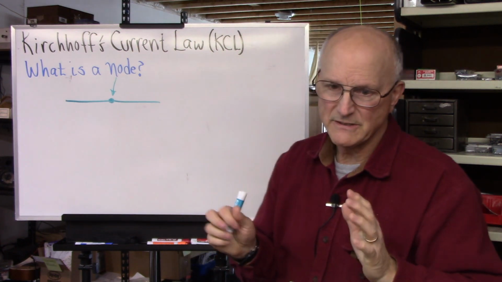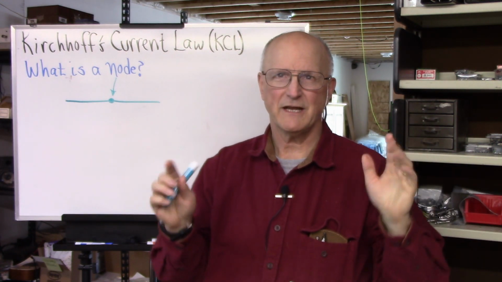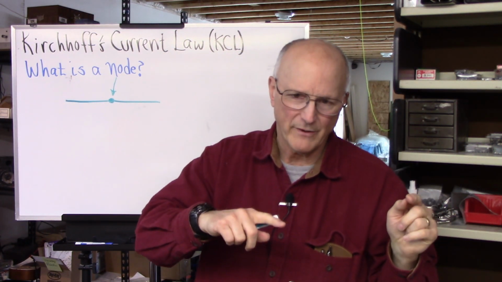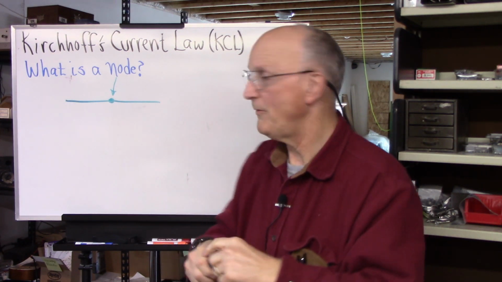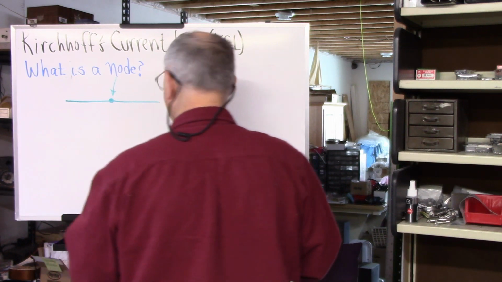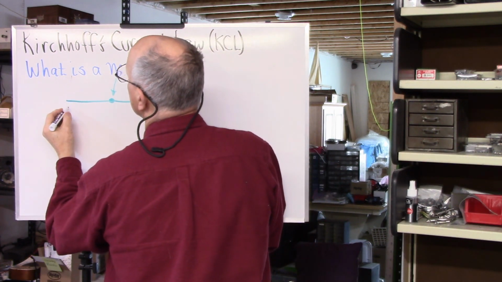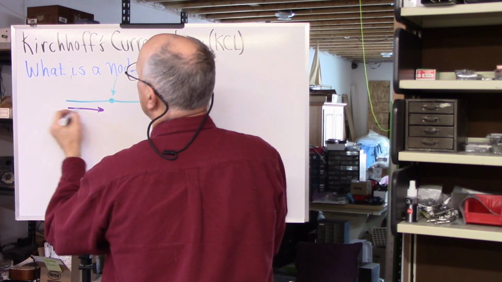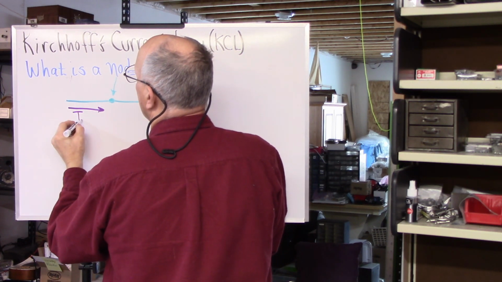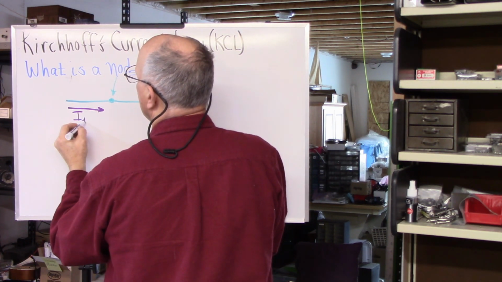Now, the key to understanding what this means is noticing the word entering a node. So, if current is entering a node, here we have some current coming in here. We'll call that I1.